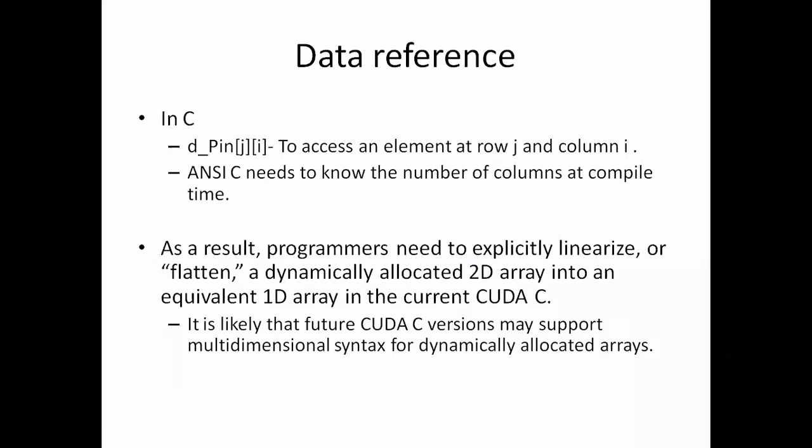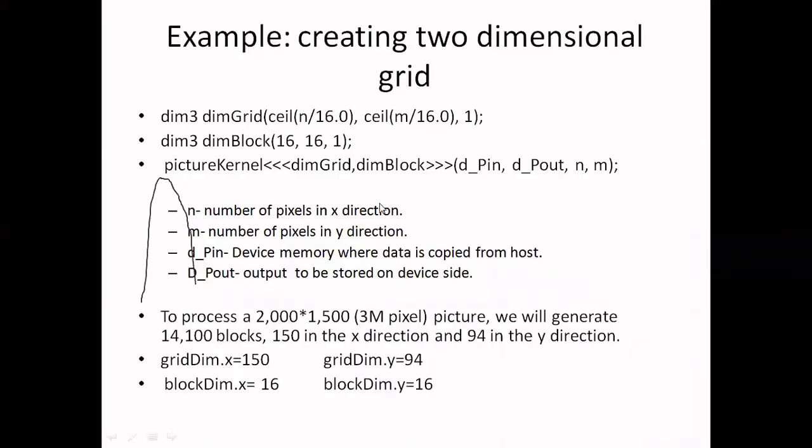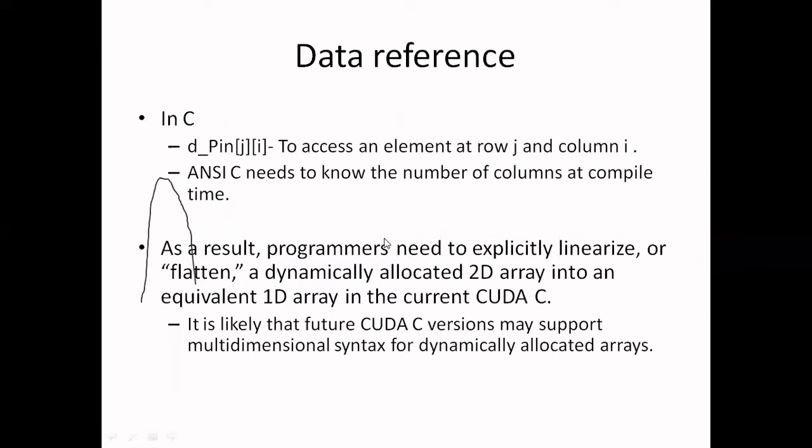Okay, how we will refer to the data. In C, you may remember for accessing an element in the jth row and ith column, you specify the variable name with row index and column index.